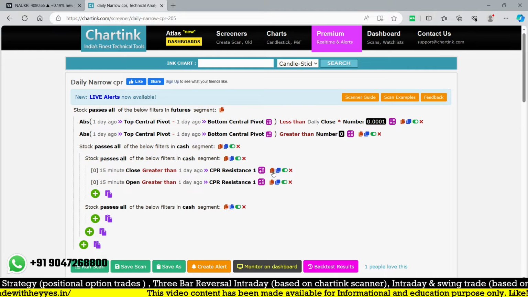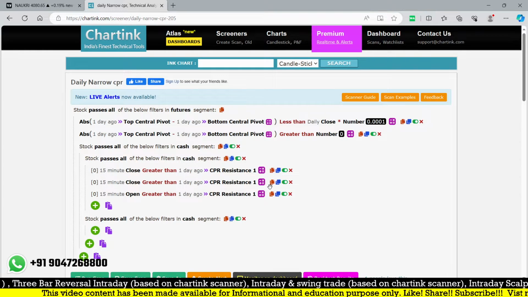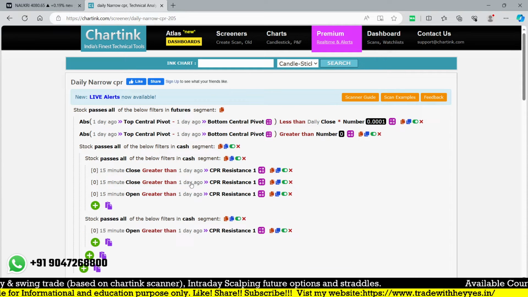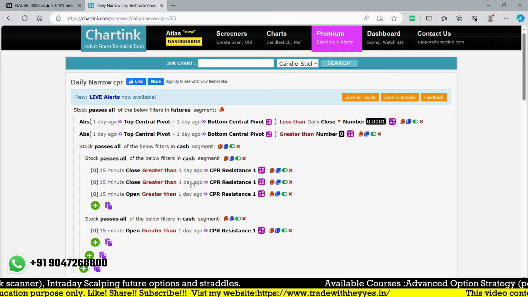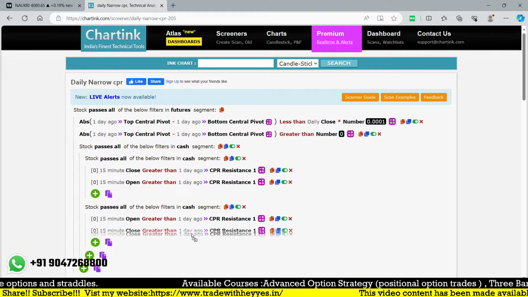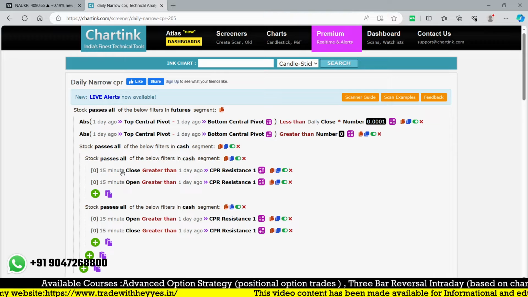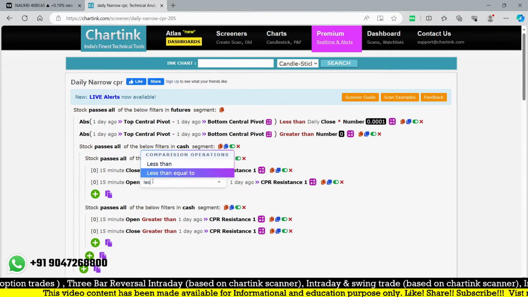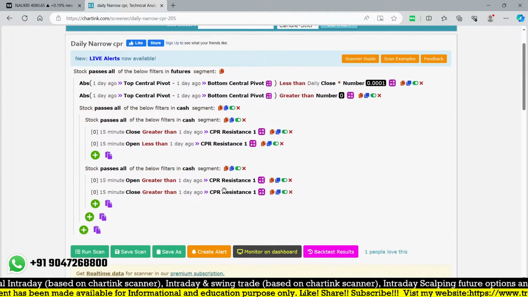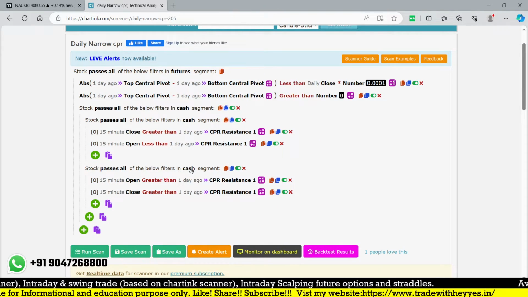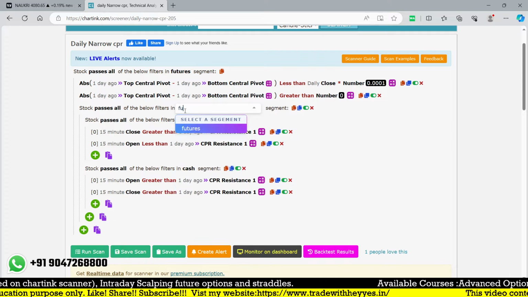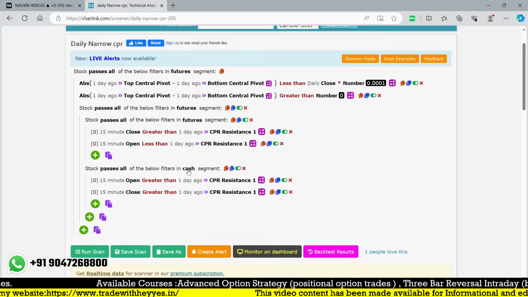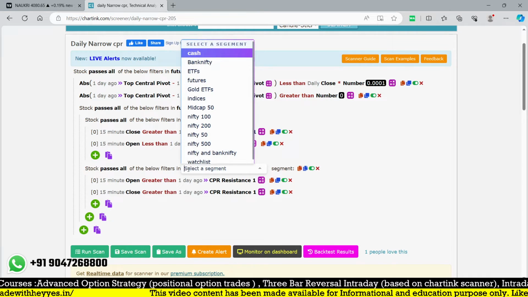Same condition. 15 minutes close greater than CPR and open less than. Okay, so less than CPR R1. And here in futures, everything will be a future. Just for a breakout and reversal, both.